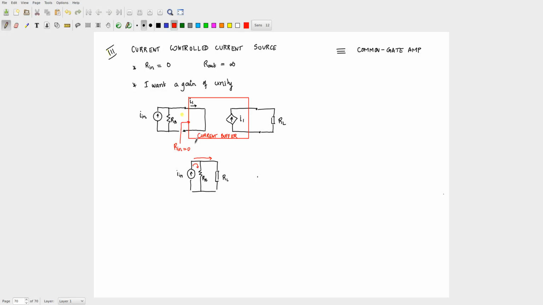Because your R in is 0, right. So all the current will go in through here, and this current source is intelligent. It will pump the same value of current into the RL, and because you have said that the output resistance of this current source is infinite, all the current will flow into RL. Correct? So do you understand the operation of this as a buffer? And where is your R out? That is your R out.